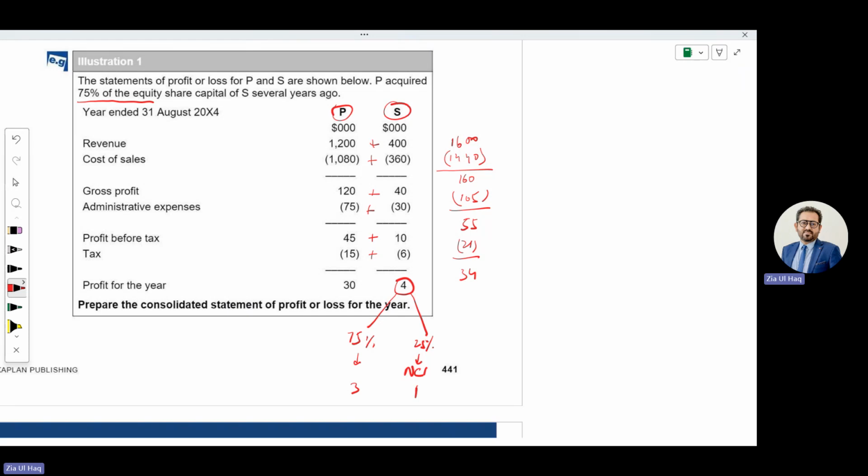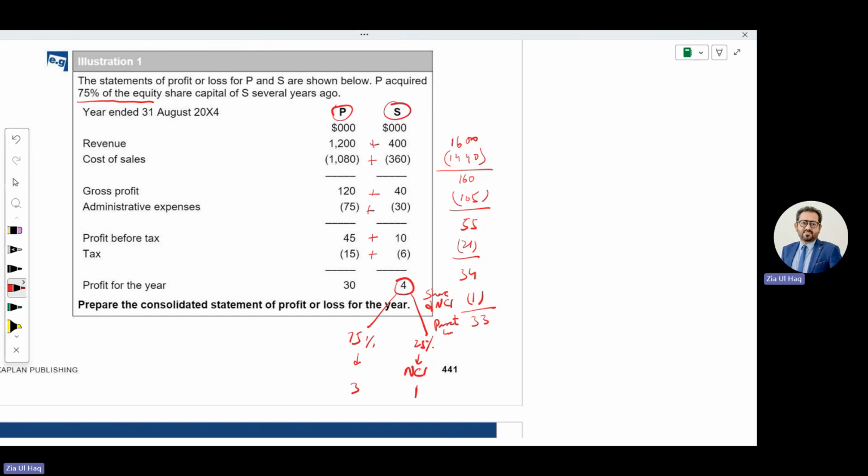So we calculate here the share of NCI, 1, and deduct this 1 from the net profit. Then we record the profit for the parent company, which is 33.